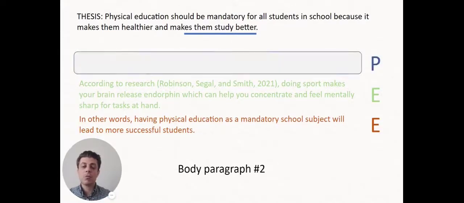And I would like you to write a P, a point, or an argument that talks about how physical education makes students study better. Or in other words, I would like you to write a topic sentence to the second body paragraph. You can pause the video and think of an argument sentence. You can think about an opinion, and you have to add the reason to that.